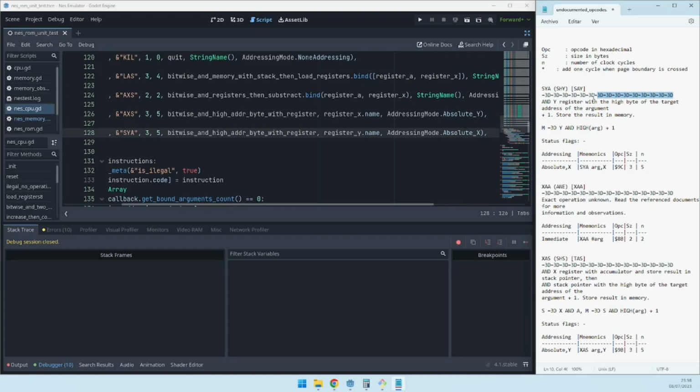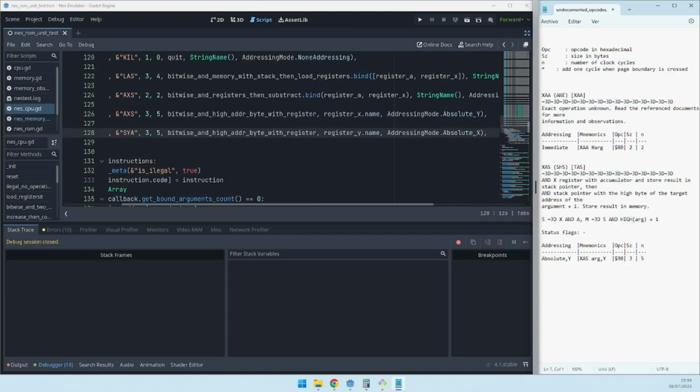Oh, this 3D is just some stupid meaning. I suppose it's just an equal. It's just how it writes the equal. Save. So this one is kind of unknown. Let's see what this one says.